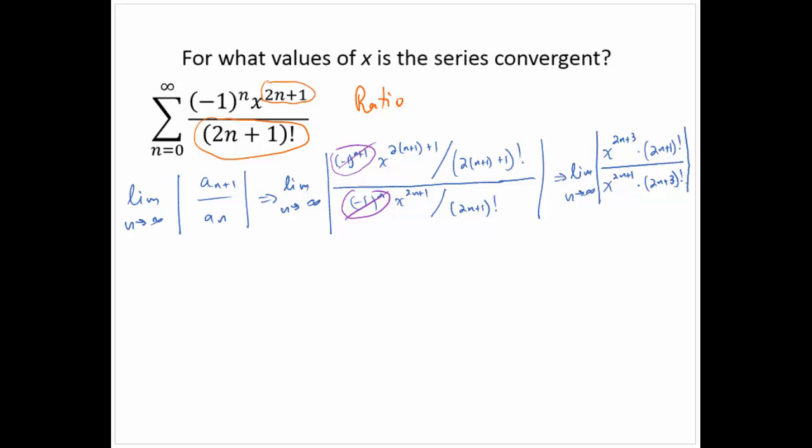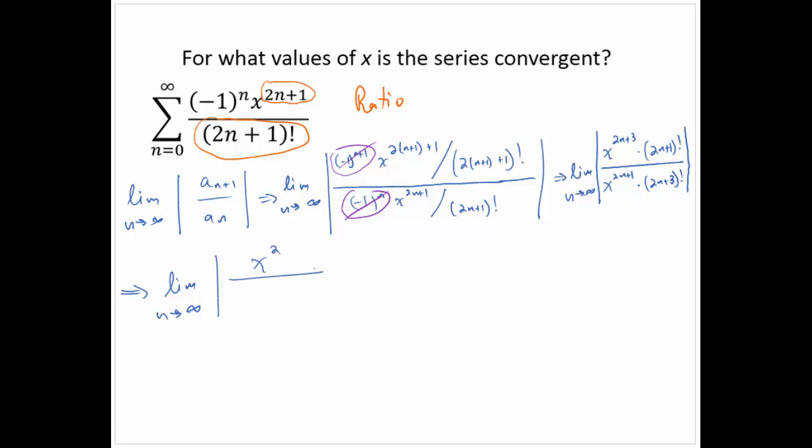I've just gotten rid of the negative 1s. I don't have to worry about that anymore due to the absolute values. After simplifying, I've got x to the 2n plus 3 in the numerator, x to the 2n plus 1 in the denominator, so I would have an x squared in the numerator, because 2n plus 3 minus 2n plus 1 just leaves a power of 2.